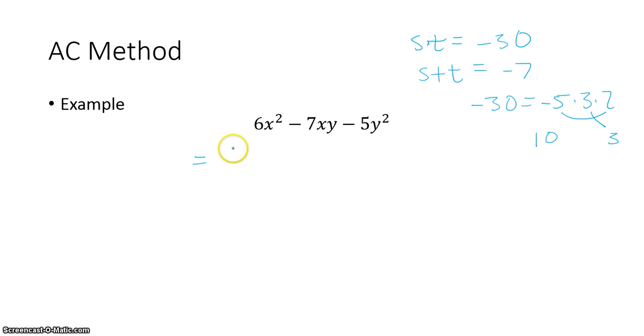Again, following our procedure, we just want to split up that middle term. So minus 10, I'm going to call this s, I'm going to call this t, minus 10xy plus 3xy minus 5y squared. Now factor by grouping.